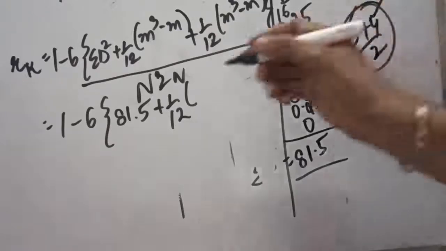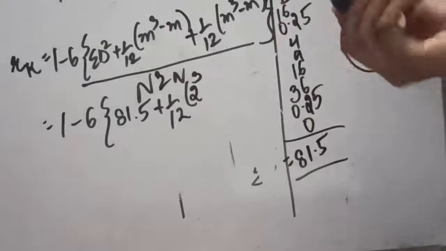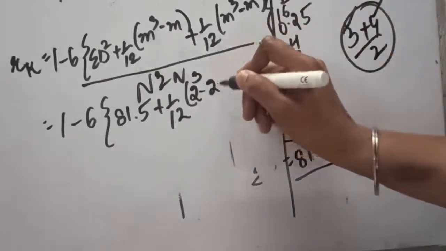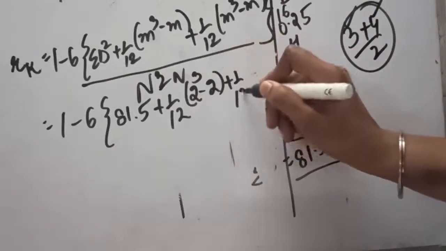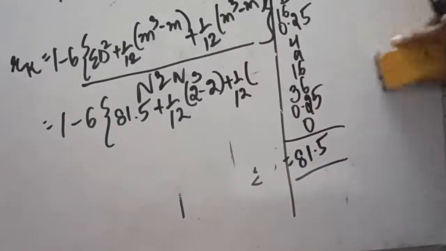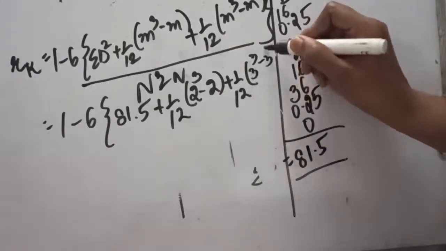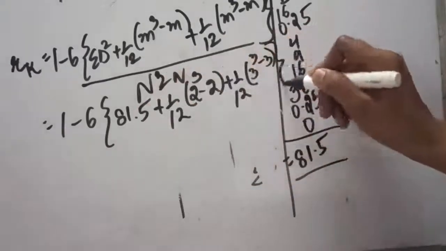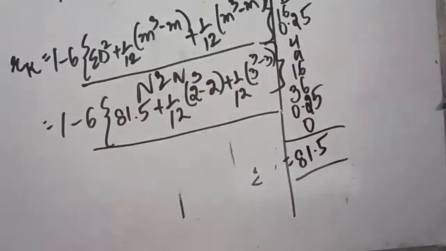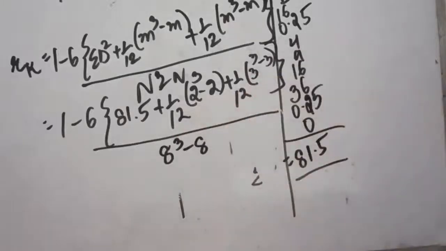So m is how many times the rank is repeated: 2 cube minus 2 plus 1 upon 12. If you remember, the second repeated rank was 40, repeating 3 times. So here m is 3, 3 cube minus 3. Then our bracket will close, whole divided by n. n means the number of observations. In this question n was 8, so 8 cube minus 8.